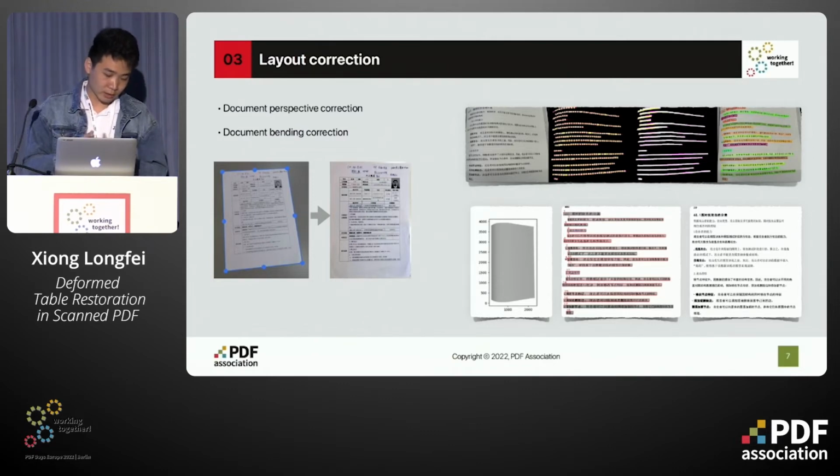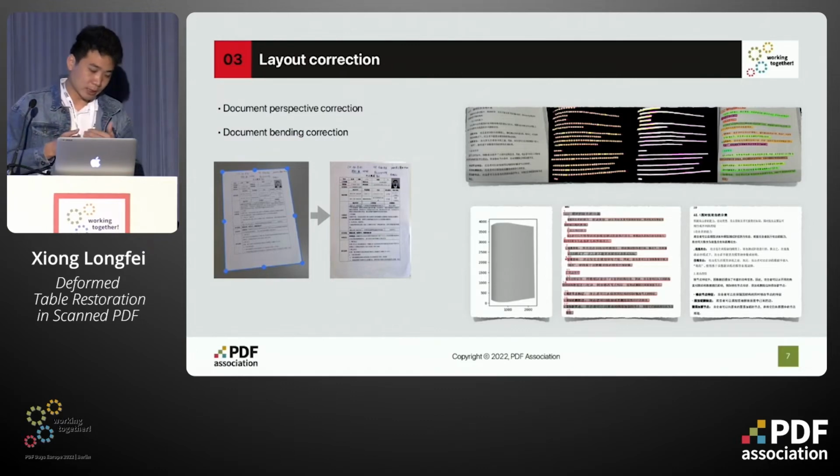The first is perspective correction, which is the key to dealing with the distortion in PDFs produced by mobile phone photography. The core technique is to detect the four vertices of the document, using a deep learning regression network, and the technical key lies in the generation of training data.